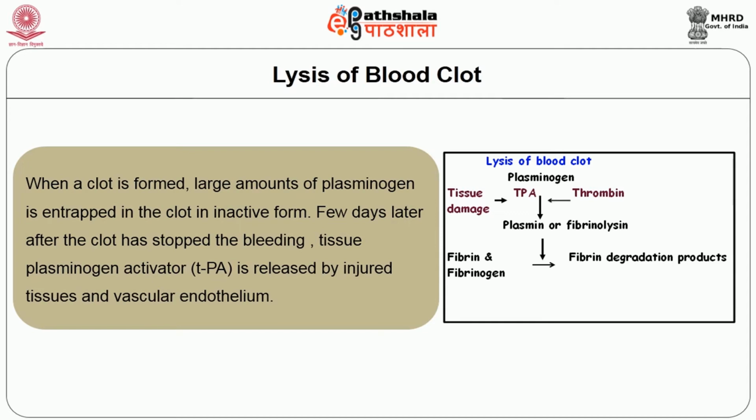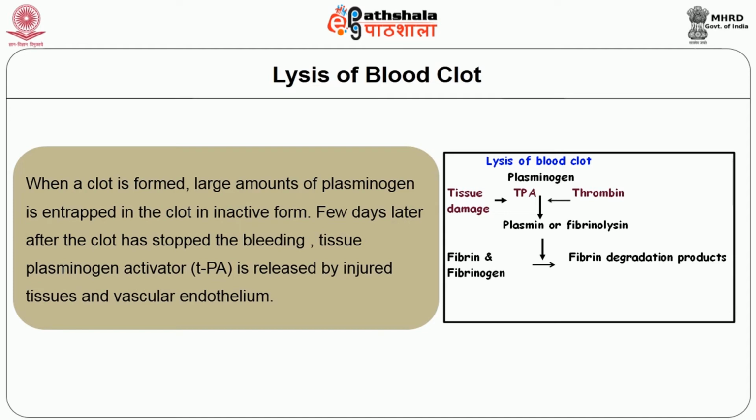So, a few days later, after the clot has stopped the bleeding, tissue plasminogen activator, a substance that is released by injured tissues and the vascular endothelium, converts the inactive plasminogen into active plasmin.